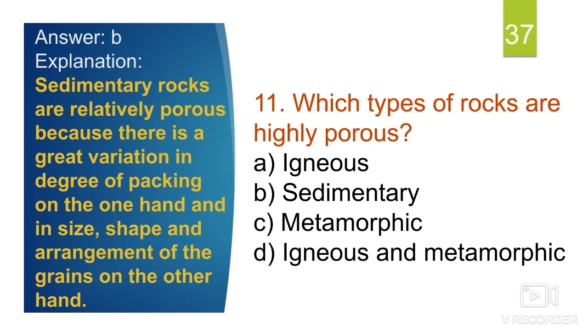So the porosity of sedimentary rocks is generally higher than the igneous as well as metamorphic rocks. The reason behind that is the variation in the degree of packing as well as the size, shape and arrangement of the grains. So the correct option here is option B.